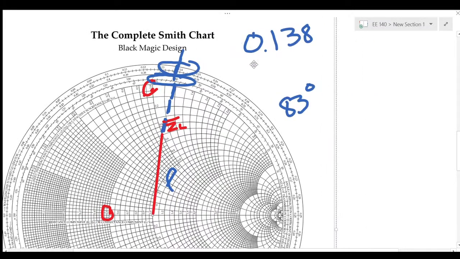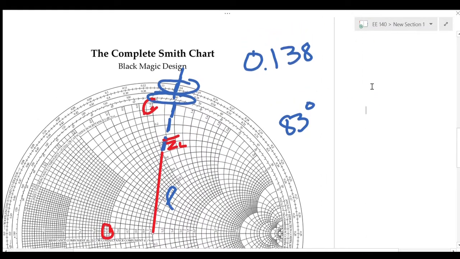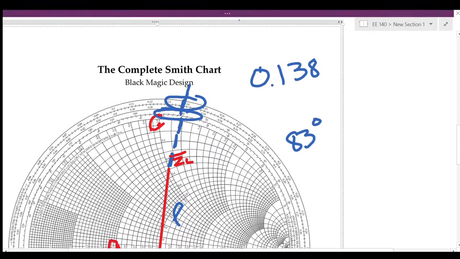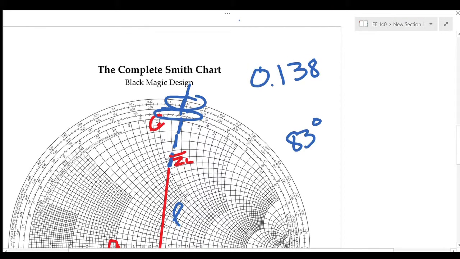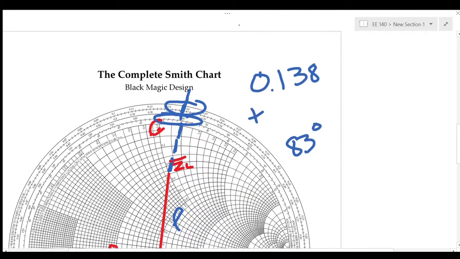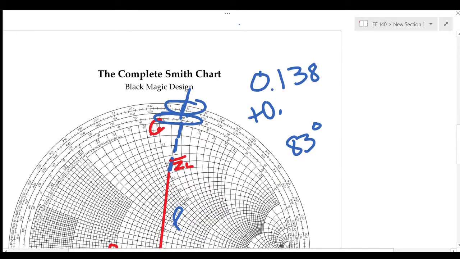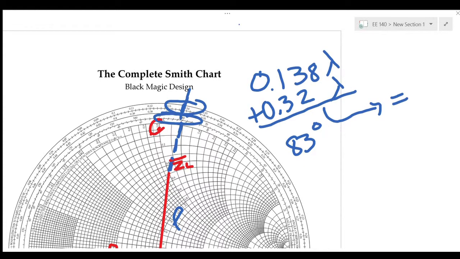So to our load, we're going to add 0.32 lambda. This just equals 0.458.